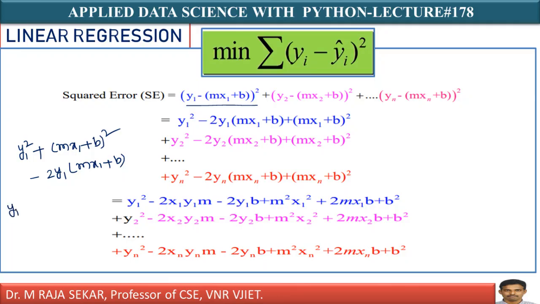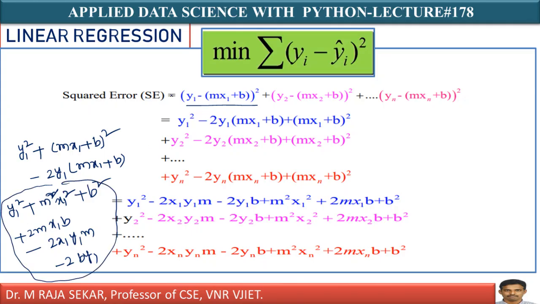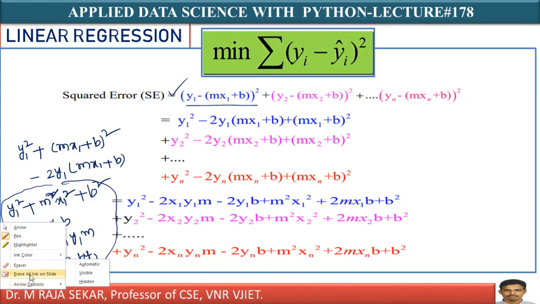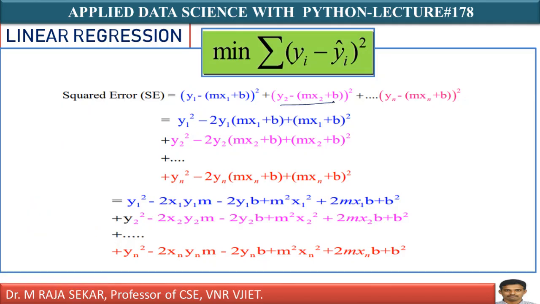Here a is y1 and b is mx1 plus b. Therefore, y1 square, plus mx1 plus b whole square, which is m square x1 square plus b square plus 2m x1 b, and in a similar manner minus 2 y1 times mx1 plus b, that is minus 2 x1 y1 m minus 2b y1. This is the expansion of the first term. In that manner, I can find the values of y2 minus m into x2 plus b whole square, up to yn minus m into xn plus b whole square. Therefore, I will get this one.